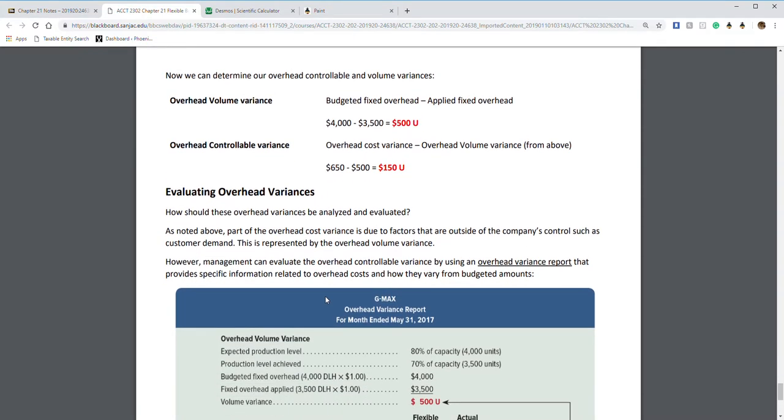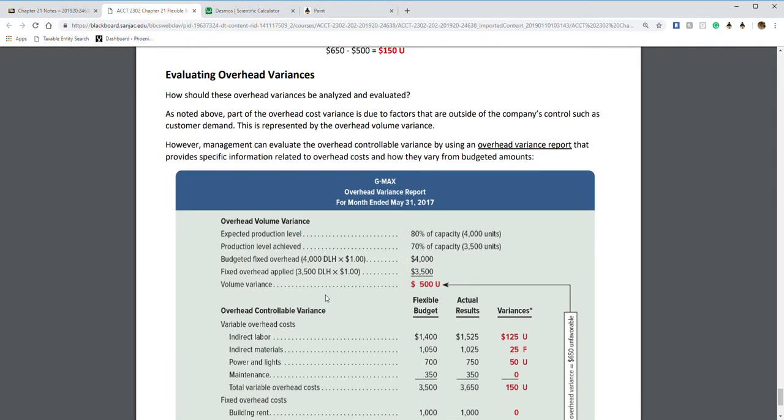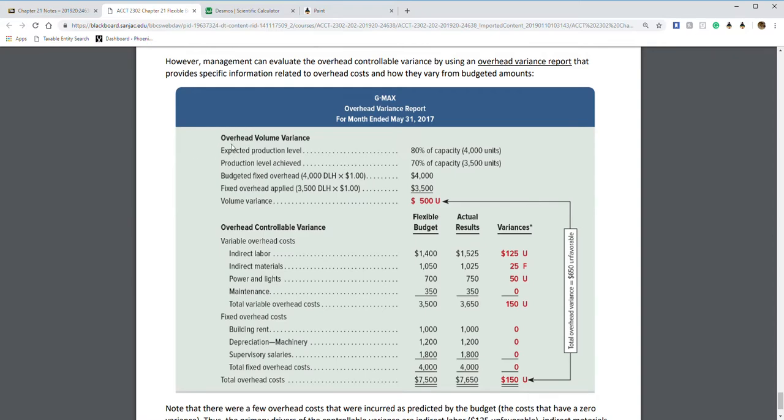So with this, we have to evaluate, and this is basically the last little part. Evaluating is really taking another report. This is our overhead variance report, and we're going to see where in the process it seems to be screwed up. As you can see, our expected production level was 80%.